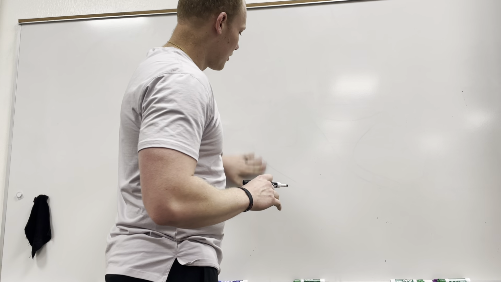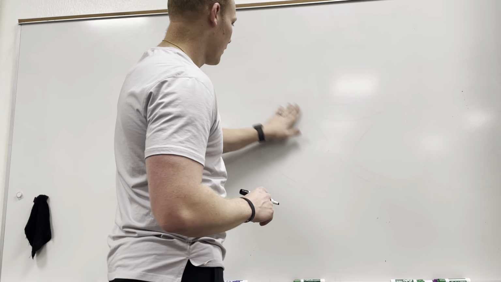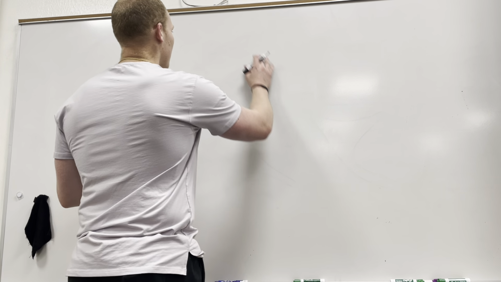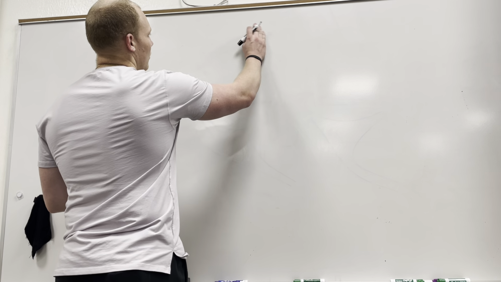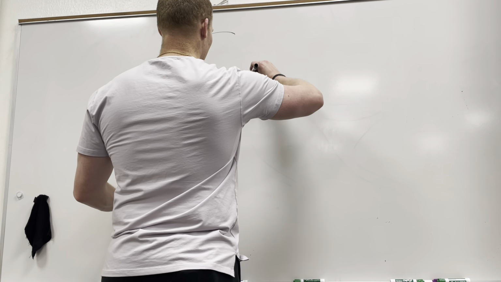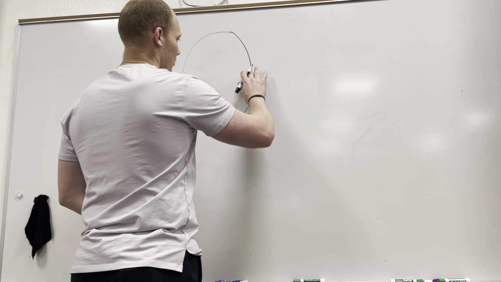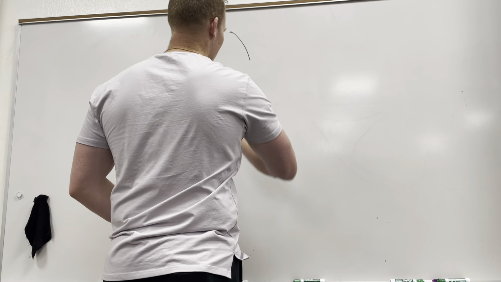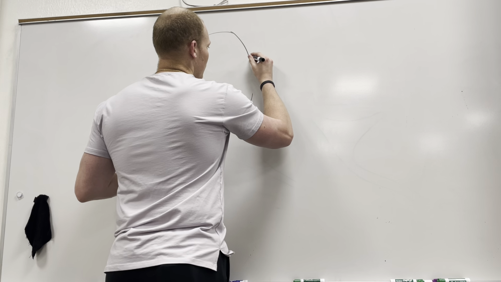On the eye, we have the eyeball here. Just draw a whole big circle. We'll erase this front part. All right.